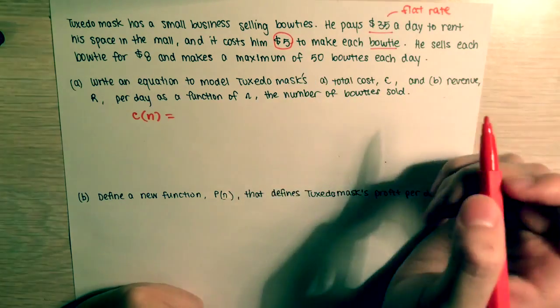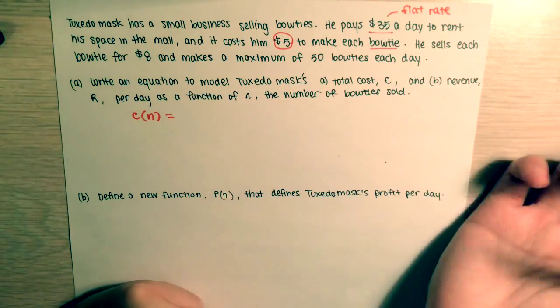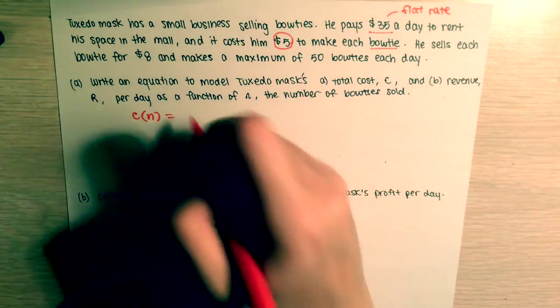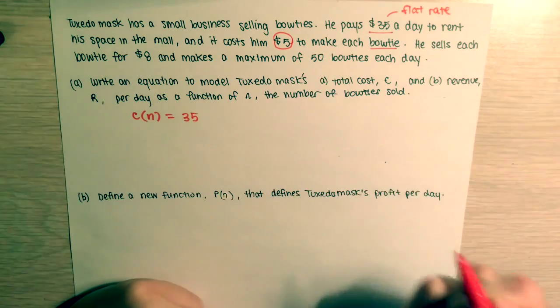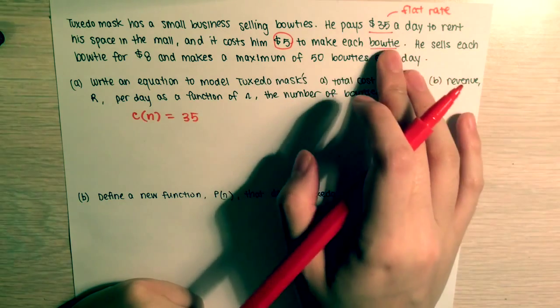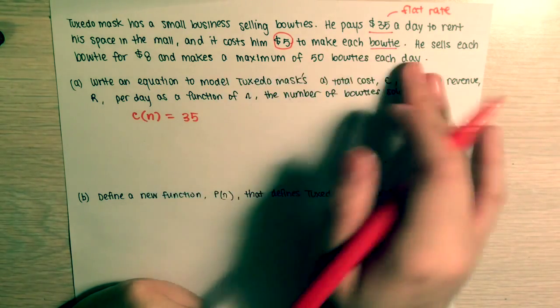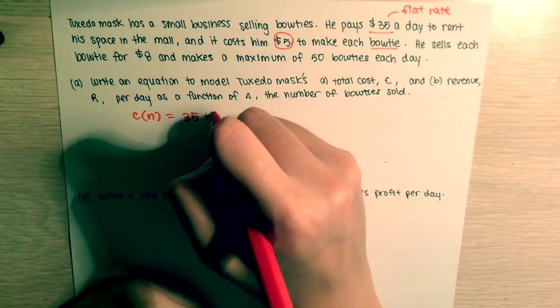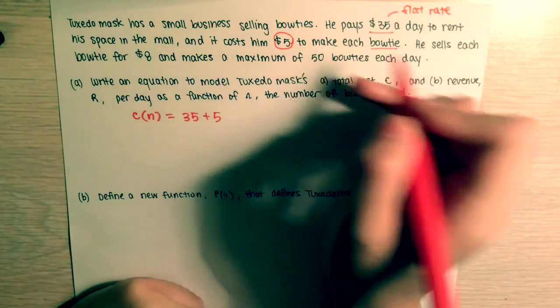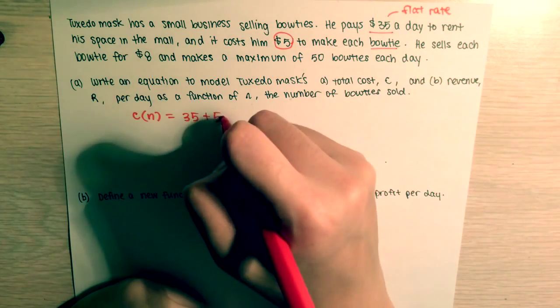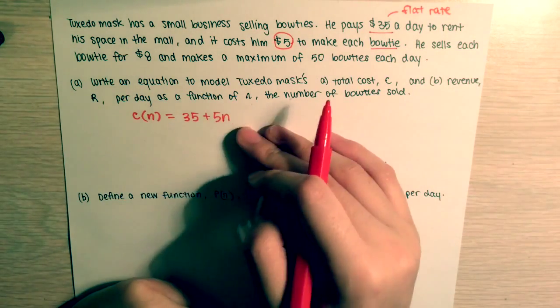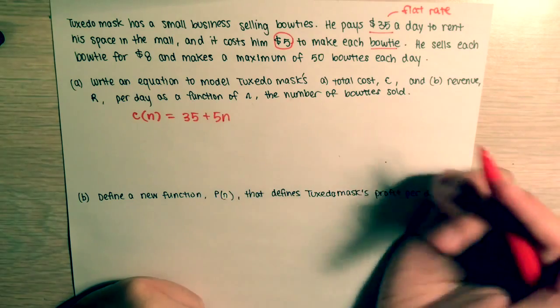Since this is a flat rate, there's no variable. It doesn't depend on how many bow ties he makes. So that's just there. And depending on how many bow ties he makes, his cost can vary. Because the $5 depends on each bow tie, N, the variable, has to be stuck to 5 in the equation.